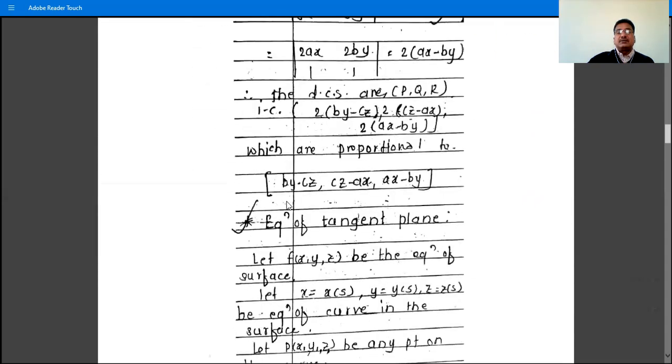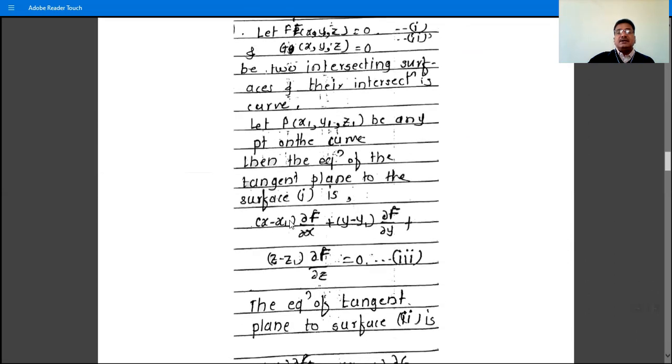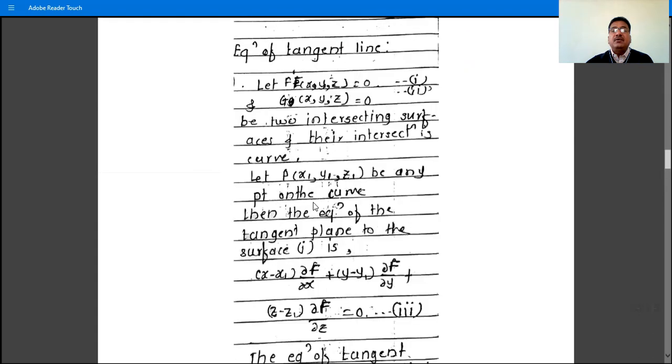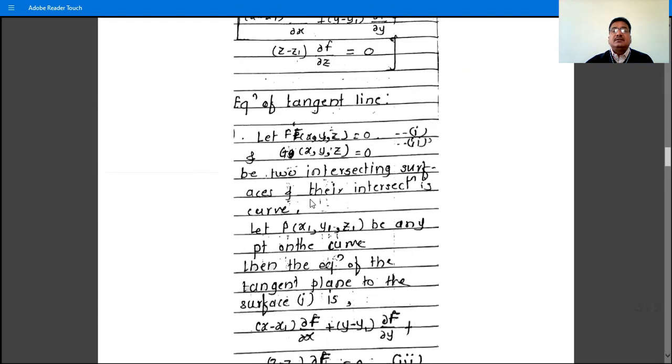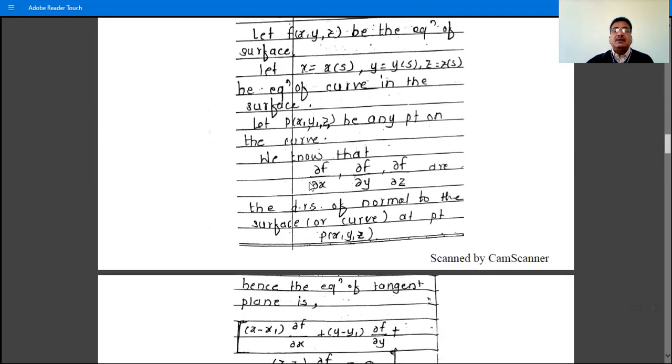So the coefficients of i, j, k are the direction ratios of the normal to that surface, and therefore here ∂F/∂x, ∂F/∂y, and ∂F/∂z are the direction ratios of the normal to the surface at a point P(x,y,z). So this is the geometrical meaning of grad φ.